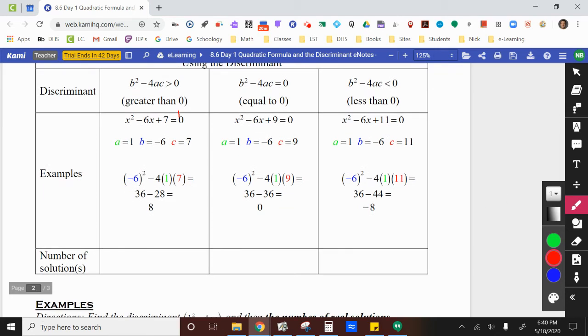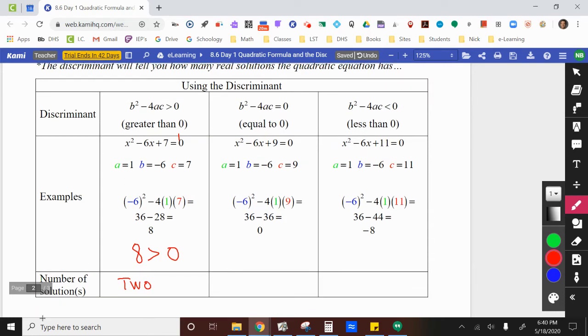And 8 is greater than 0, so therefore we are going to get 2 solutions here. So if your discriminant is greater than 0, then you get 2 solutions.